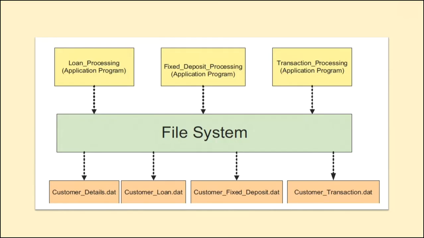But customer details are stored in the customer details file. So there is no other option. You need to maintain one more separate copy, right? So what I'm saying is that the customer's basic information is copied across multiple files like customer loan, fixed deposit, and customer transactions. That means data redundancy is increasing. A lot of duplicate data is coming, right?